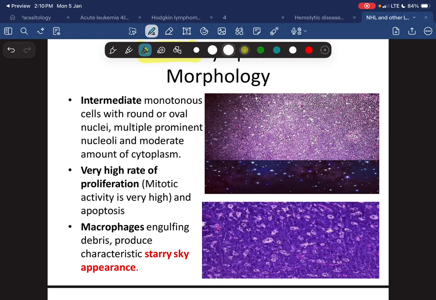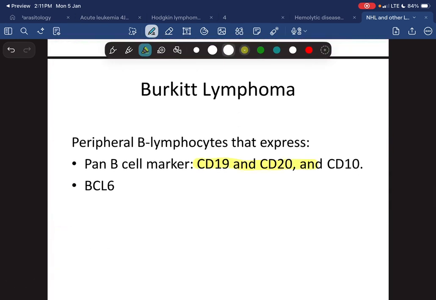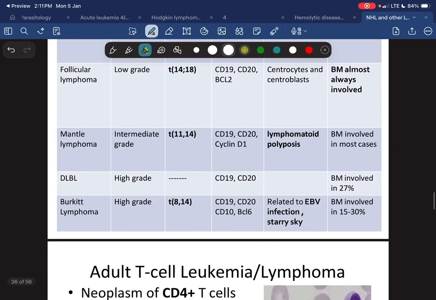It is a B-cell lymphoma, Burkitt lymphoma, expressing B-cell markers like CD19, CD20, CD10, and BCL6. So, we will only talk about adult T-cell leukemia.